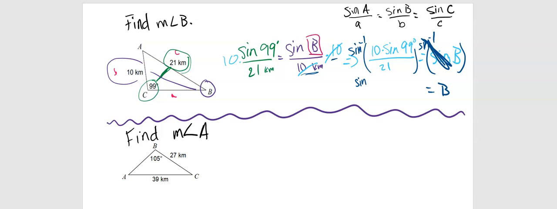Then I have this inverse sine of 10 times the sine of 99 degrees divided by 21. Now, like I said earlier, if you want to type all of this into your calculator before you take the inverse sine, you totally can.